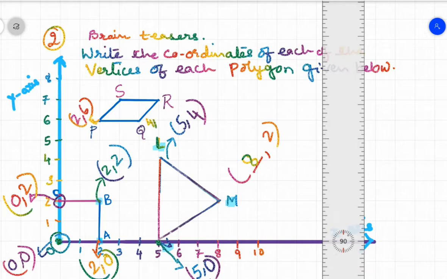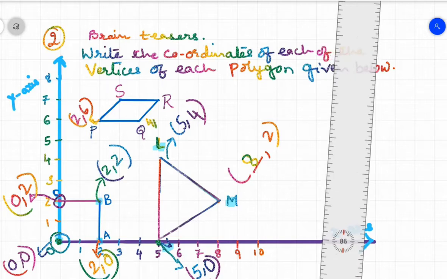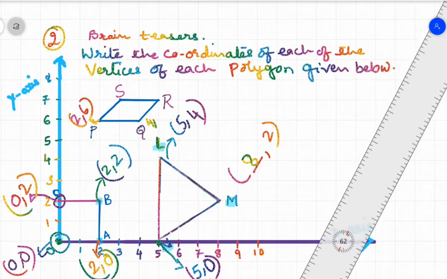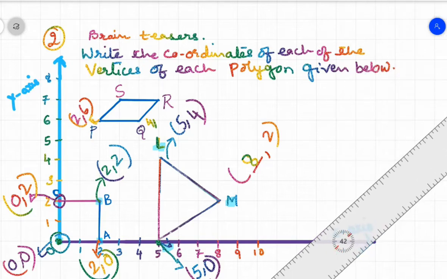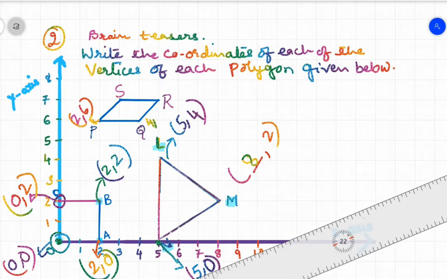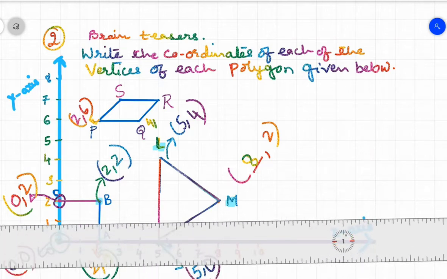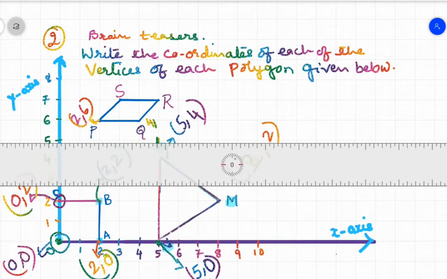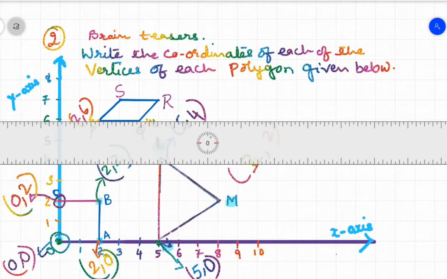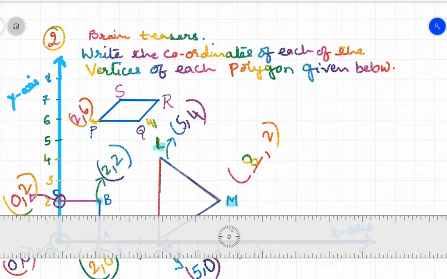Now let us see how much is y. We have to change the scale here. Now see, it is equal to 6. So Q is nothing but 4 comma 6.